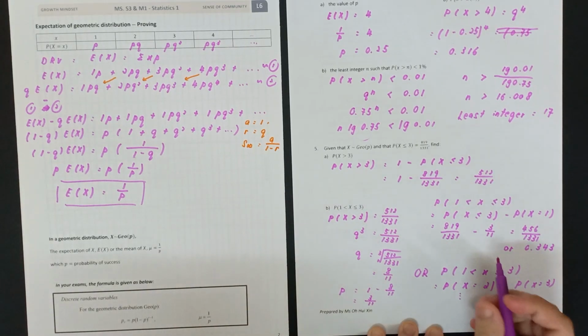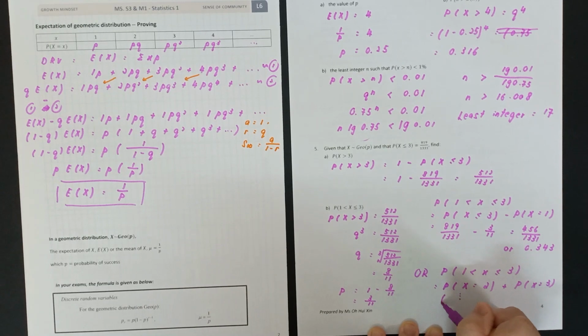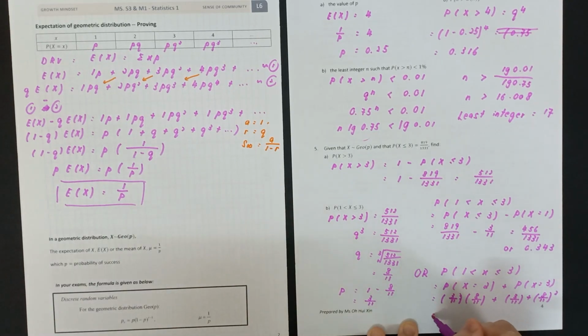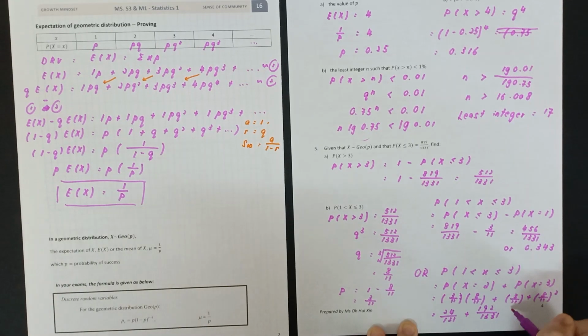I'm writing everything out: 3 over 11, then 8 over 11 times 3 over 11, plus 8 over 11 squared times 3 over 11. Then after that, I have 24 over 121 plus 1292 over 1331. Then it will give me exactly the same answer as above.